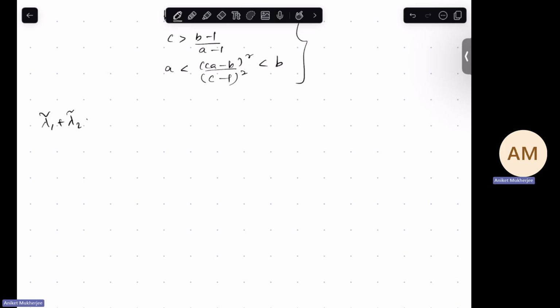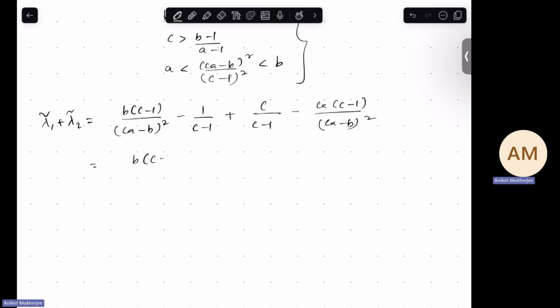First one, lambda 1 tilde is equal to b c minus 1 by ca minus b whole square minus 1 by c minus 1, plus c by c minus 1 minus ca into c minus 1 by ca minus b whole square.